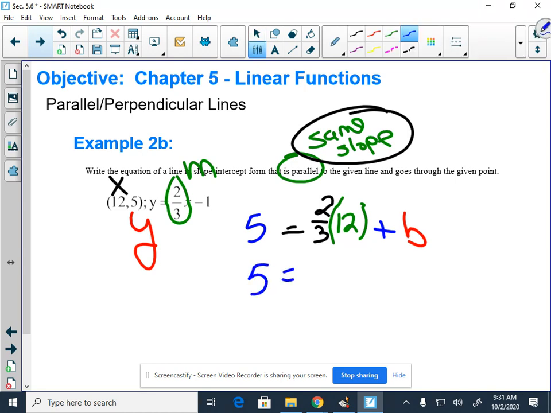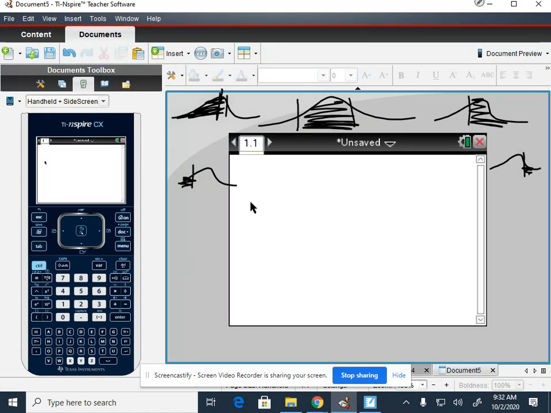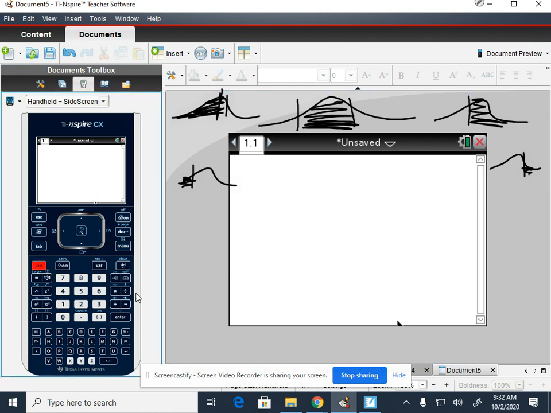Now, how do I multiply this? This is 2/3 times 12. So I'm going to bring up the calculator. We're going to do 2/3 times 12. Now, if you're home, you might have to do it on your calculator, your computer, or your Chromebook. There's a button on here if you're using one of my calculators, and it's Control Divide.